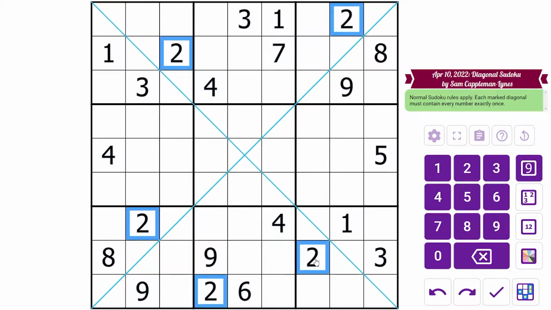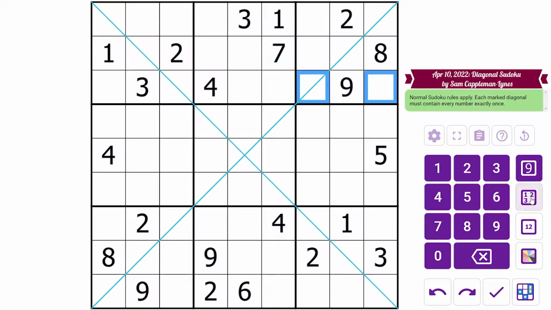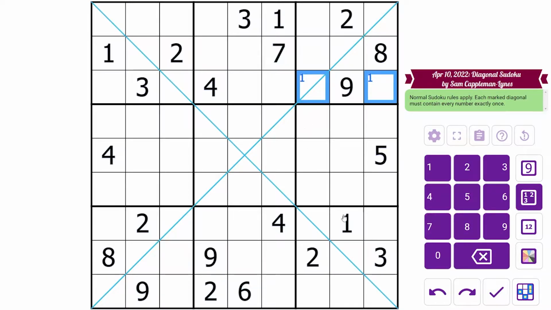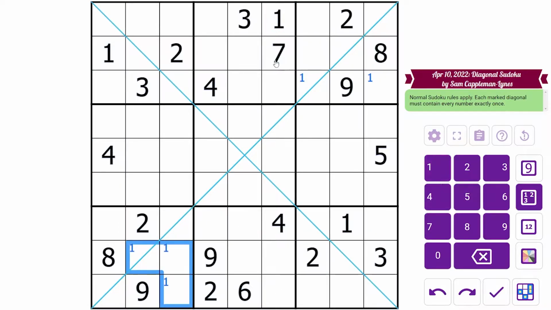Okay. So let's start with 1, and see where our ones fall. 1 in this box is in one of 2 places. And 1 in this box is in one of 3 places.